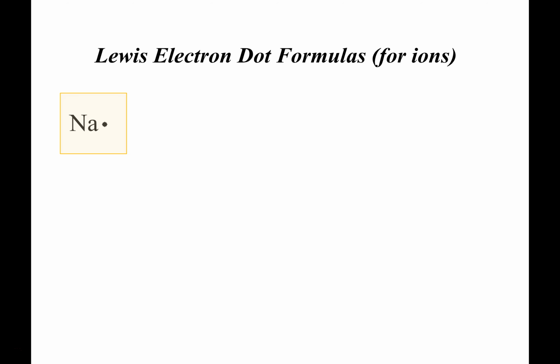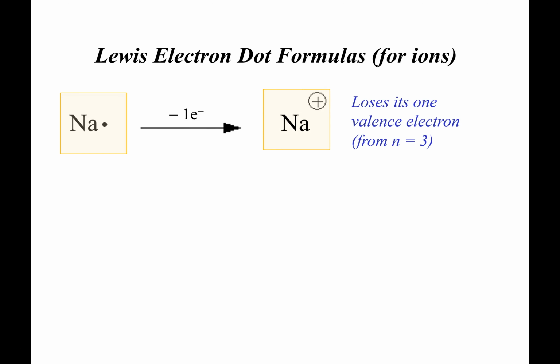Okay, sodium. Sodium's a little different. Sodium's a 1A, so its Lewis electron dot formula would look like this, where that's the 1 valence electron. It loses 1 electron, and now it looks like this. Let's pick on sodium. Sodium's got 11 electrons.